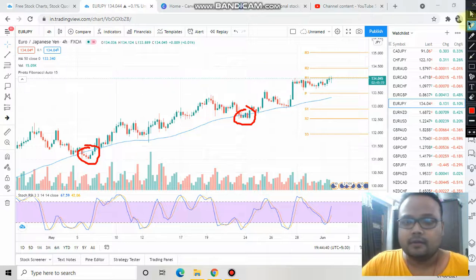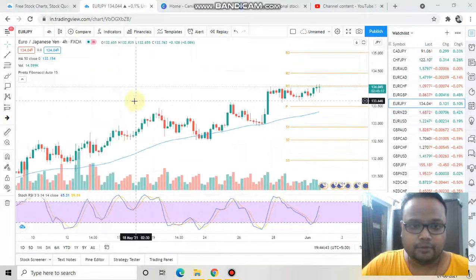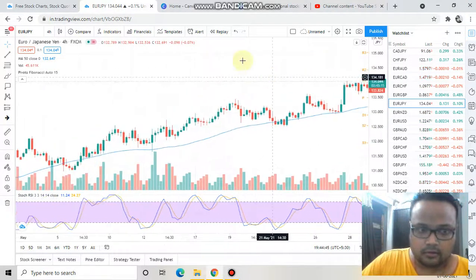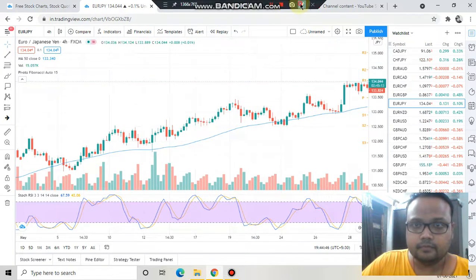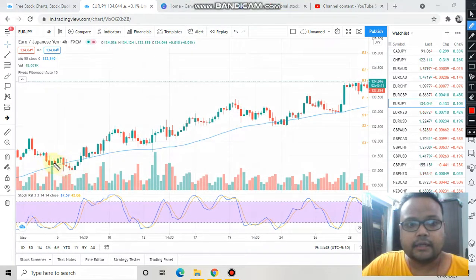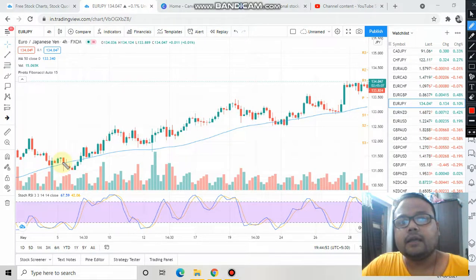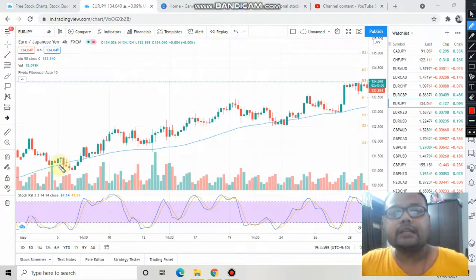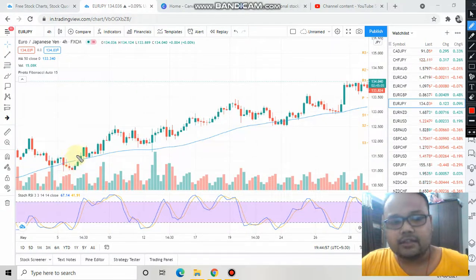Not getting my point? Let me show you. Just look at the market here. The market did not respect the 50 moving average here. Rather, it came down. After that, it formed around 5-6 candles.